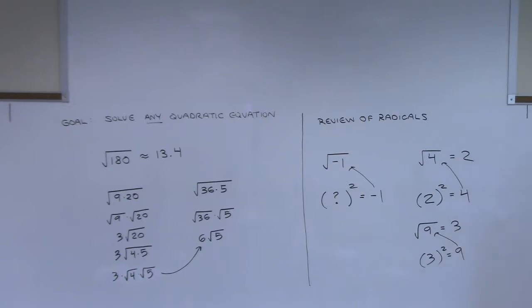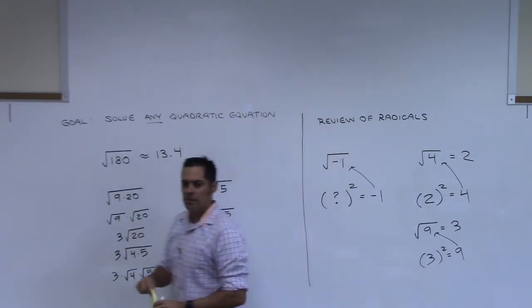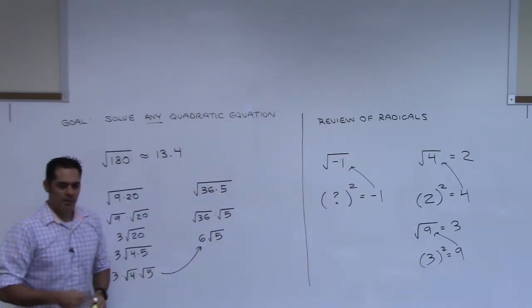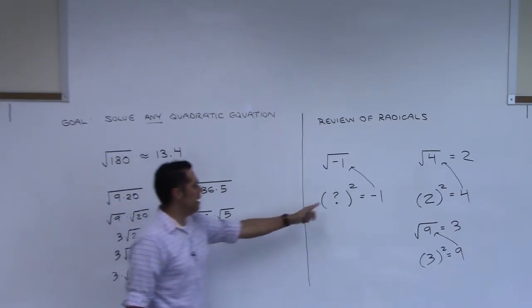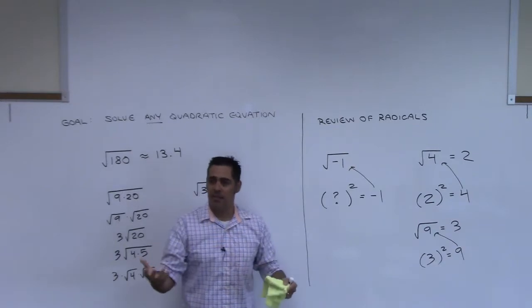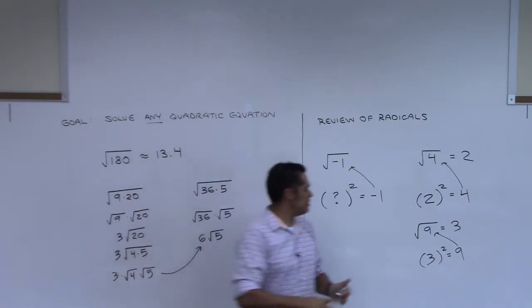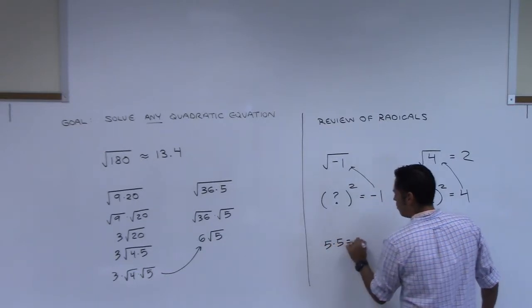What's wrong with that idea? The whole idea here. If you square a number, it should be positive, right? Think about any number you pick. If you multiply it times itself, it has to be positive. If I take 5 times 5, that's got to be 25.